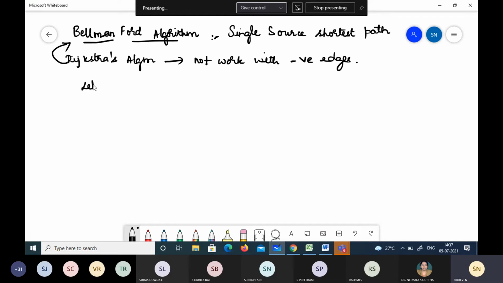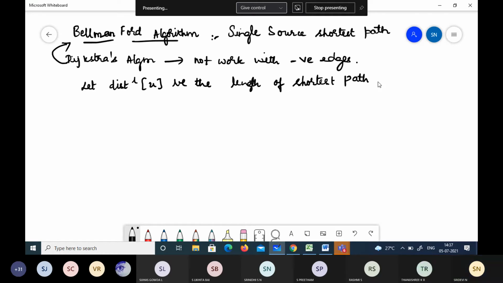So here we'll have the distance to be the length of the shortest path from source vertex U to V. What we do is, we keep one edge in between and keep checking, and finally we calculate the shortest path.